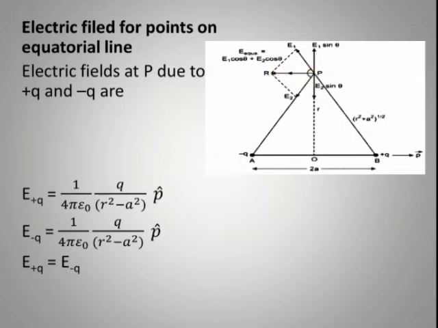It would be concentrated on the trigonometric component cos theta, so the total electric field is concentrated on E1 cos theta plus E2 cos theta.